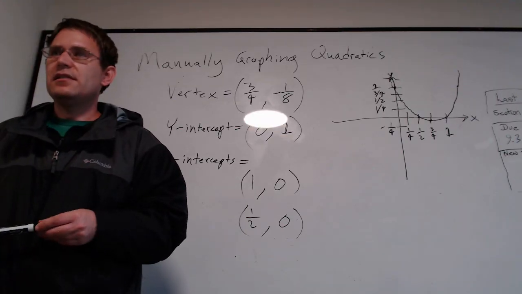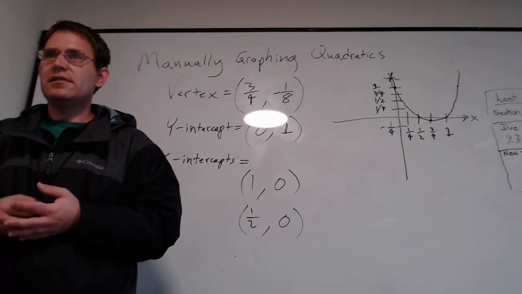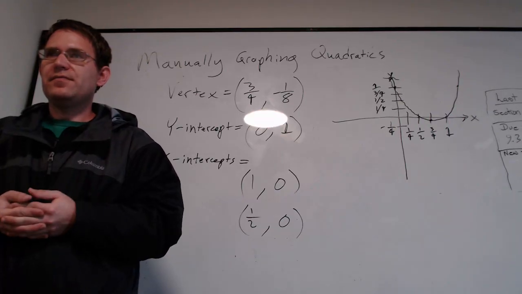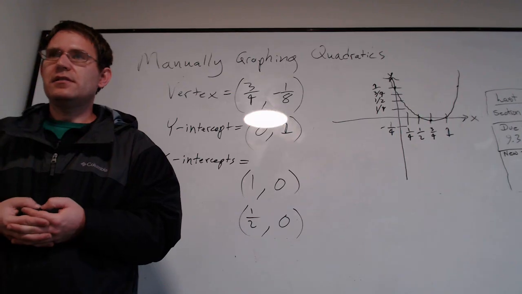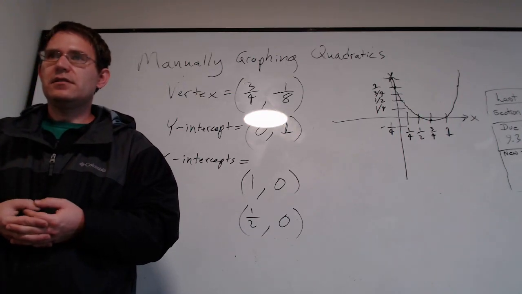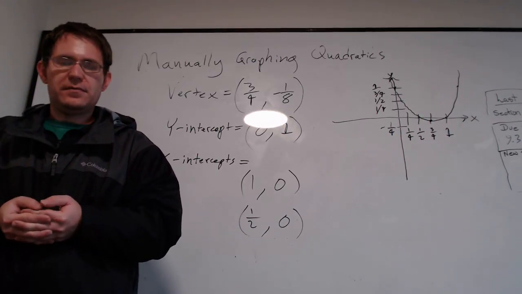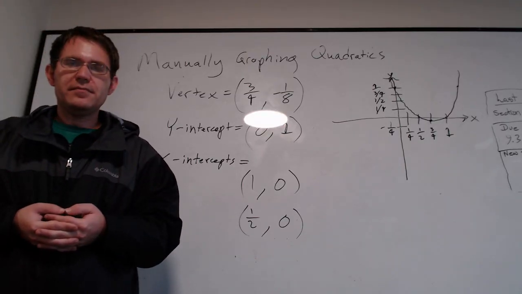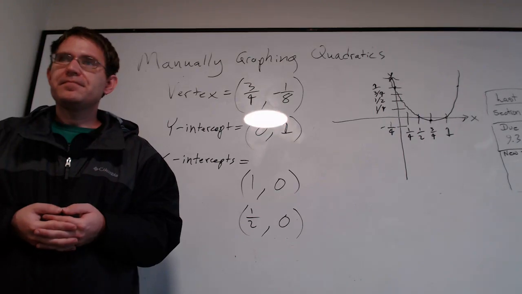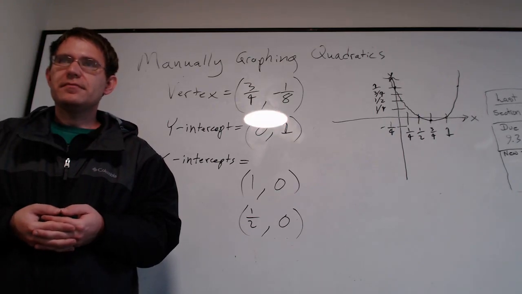Or you'd have to go find the actual points on the graph. But this is when you're manually graphing it, so I want you to understand you can manually graph it, because most people did not have graphing calculators that did it for them. So you used to have to do it by hand, and sometimes it's good to understand why it's doing that and how to do it.